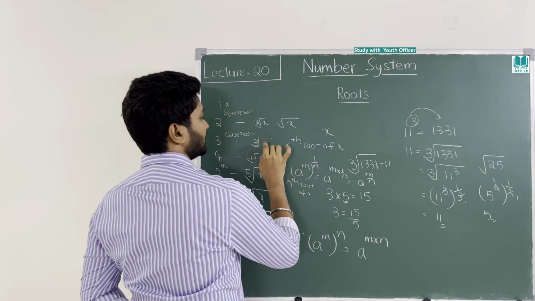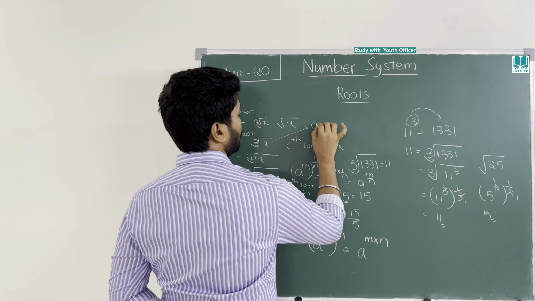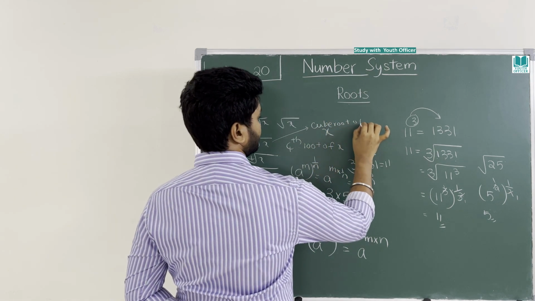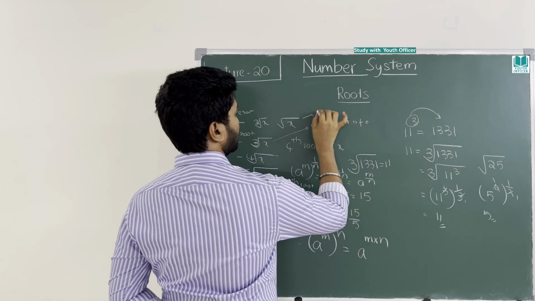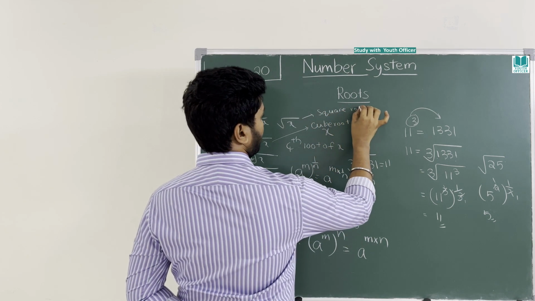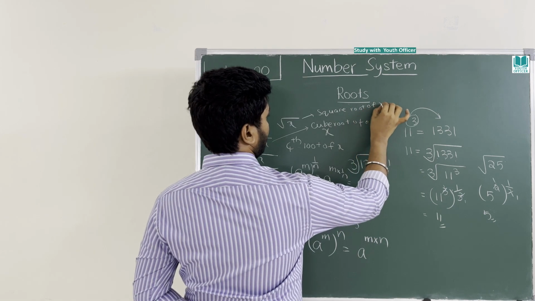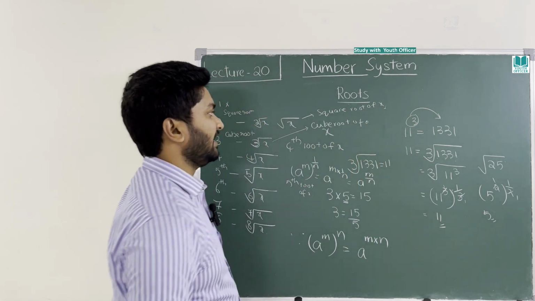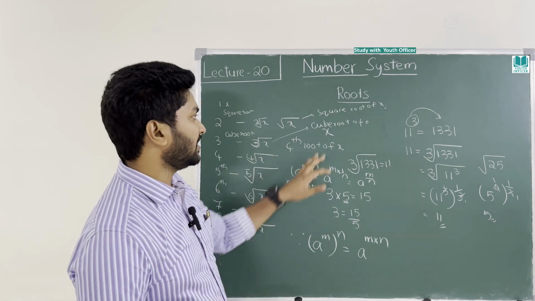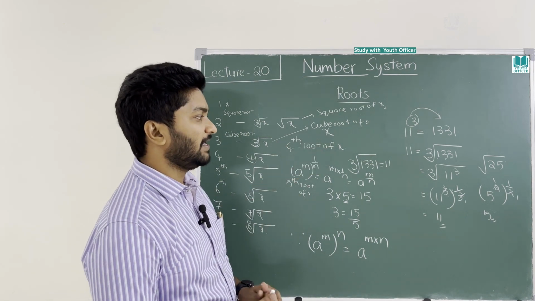But this is called cube root of x. This is called square root of x. Please write it in your notes. Please make a note of this. I didn't write it on the board, so I am explaining it to you.